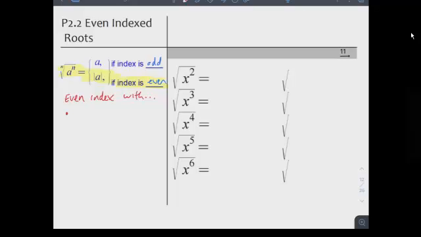If you have any even powered variable, you're going to check for absolute values. You're going to test the negatives. These ones, you're testing independently.